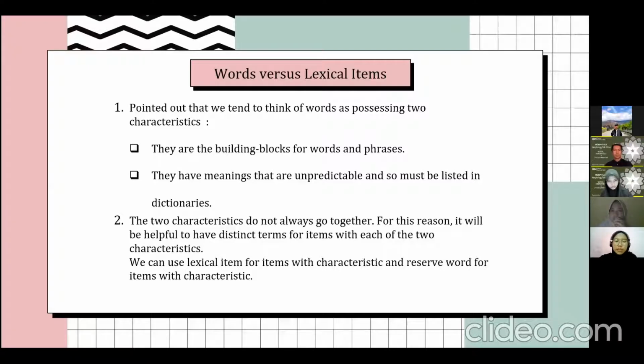Number two, they have meanings that are unpredictable and so must be listed in dictionaries. The second point is that the two characteristics don't always go together. For this reason, it will be helpful to have distinct terms for items with each of the two characteristics. We can use lexical item for items with one characteristic and reserve word for items with the other characteristic.